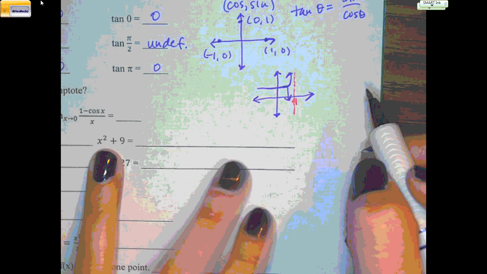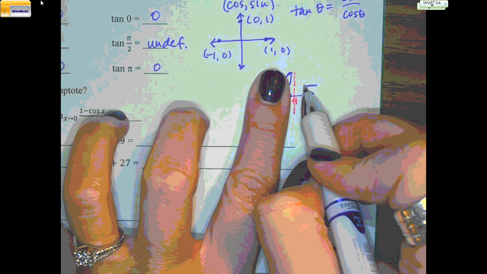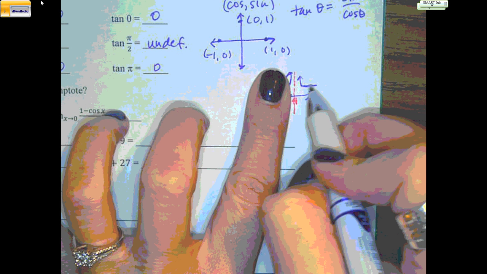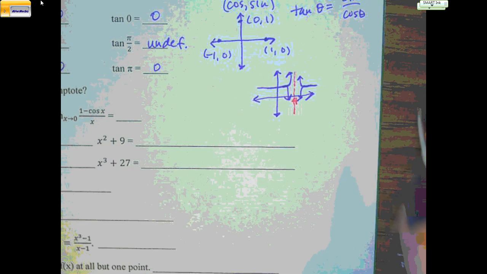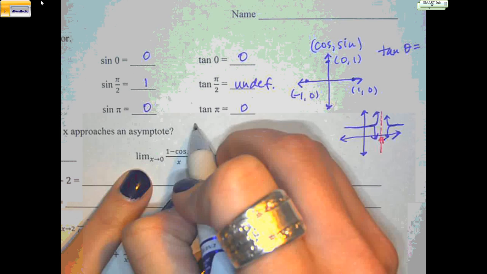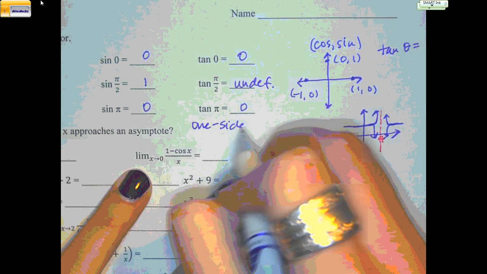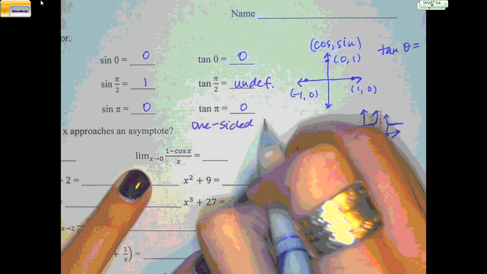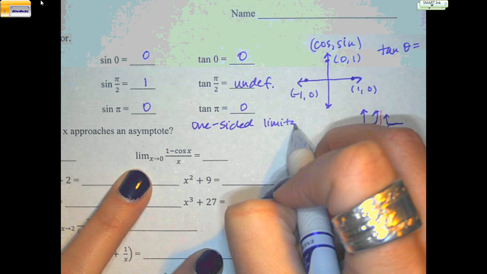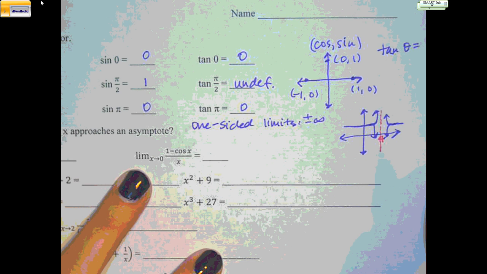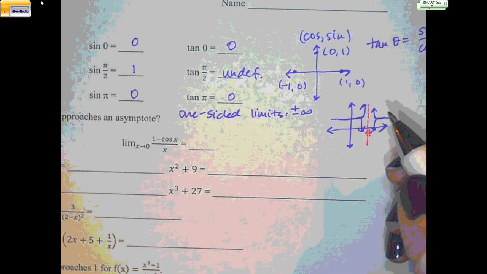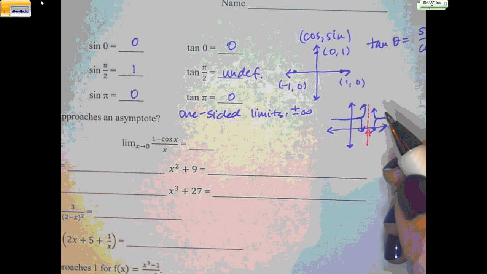What if it approaches it from the right? Straight up or straight down. So you only have 2 choices if it's a one-sided limit. So one-sided limits, meaning coming from just the left or just the right. For one-sided limits, it's either going to be positive or negative infinity. That's the one where you take the crazy number, like 2.0001, and you plug it in and you see what it's approaching.